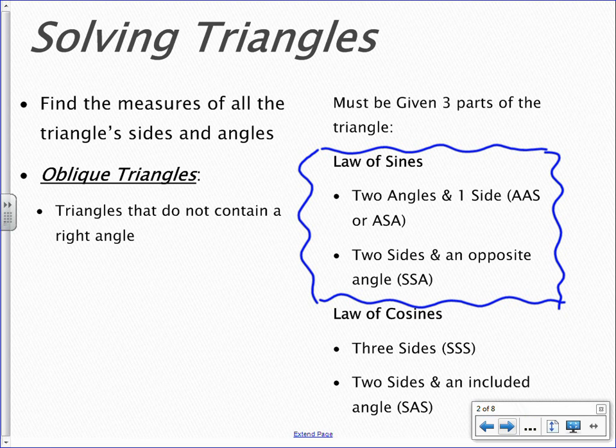So these are the pieces of information that we would need in order to be able to use the law of sines formula. If we know 2 angles and 1 side, it does not matter the order, so angle, angle, side, or angle, side, angle. It does not matter if the side is in between the angles or outside of the angles, then we can use the law of sines.